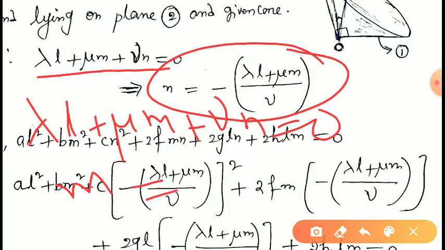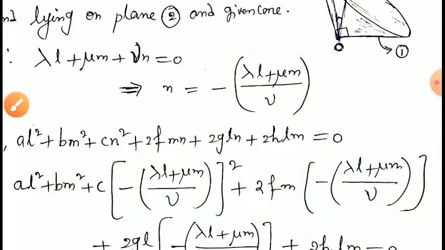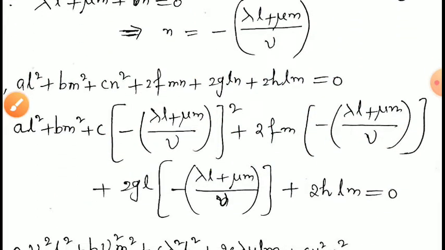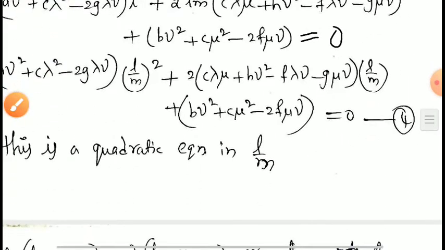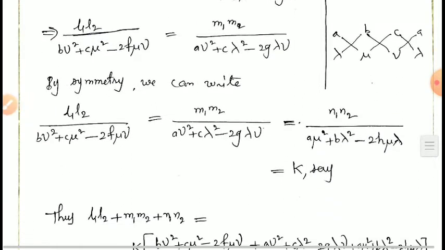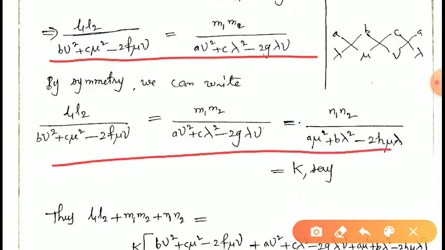We can take m is equal to minus of lambda L plus nu n by mu. If you take the value of m instead of the value of n and keep this value of m in this equation, you can get the equality of these two terms. So by symmetry we can extend this equality up to 3 terms like this.